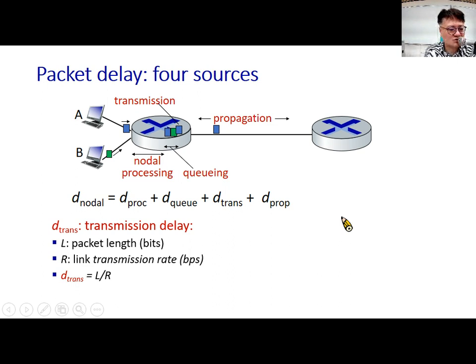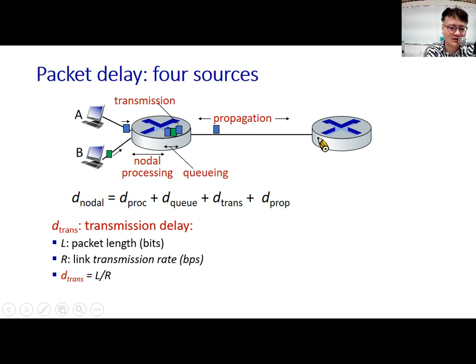And how about the transmission delay, the D of trans? If the packet is very long, the transmission delay should be very long, and if it is very short, it should be very quick.